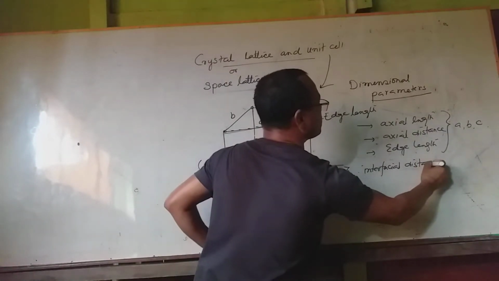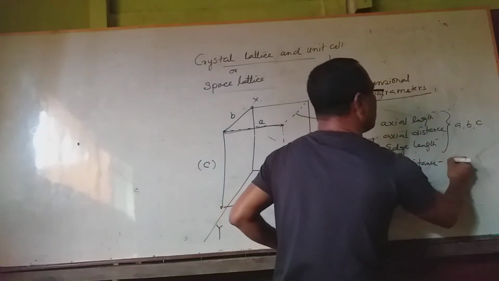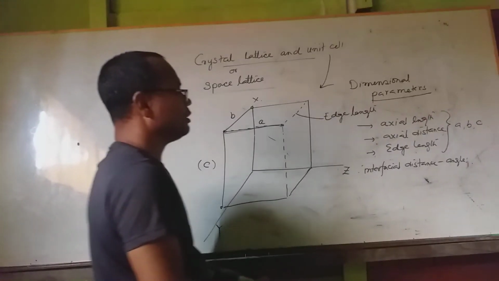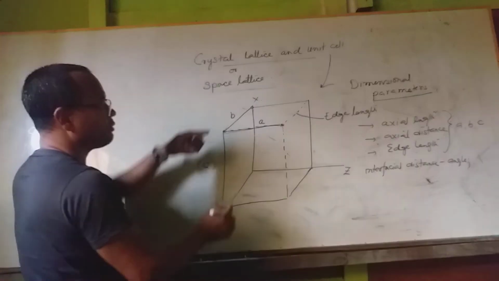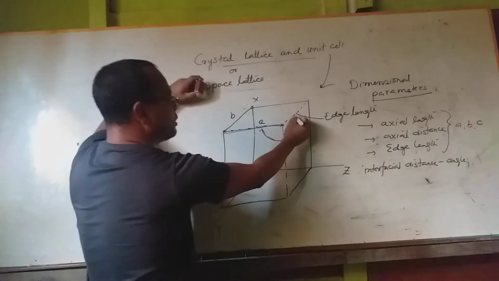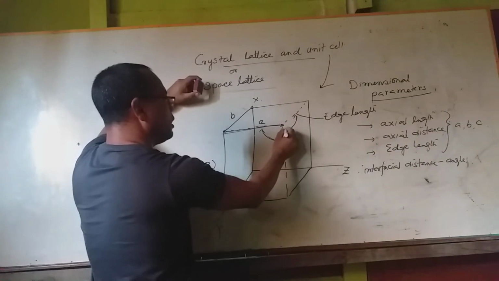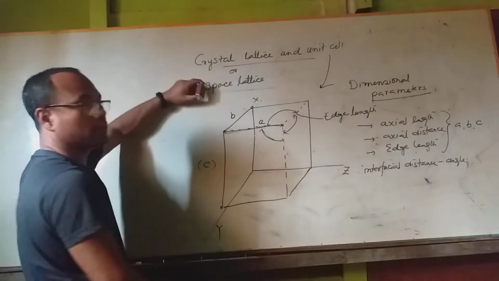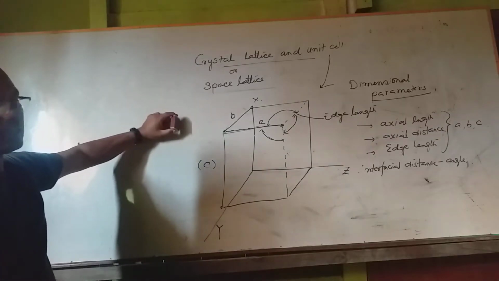This interfacial distance we normally call angles. So how many interfacial distances do we have? One is this, another is this, and the third one is this.